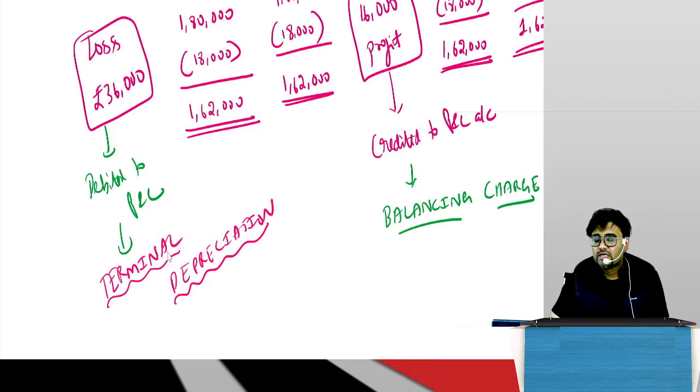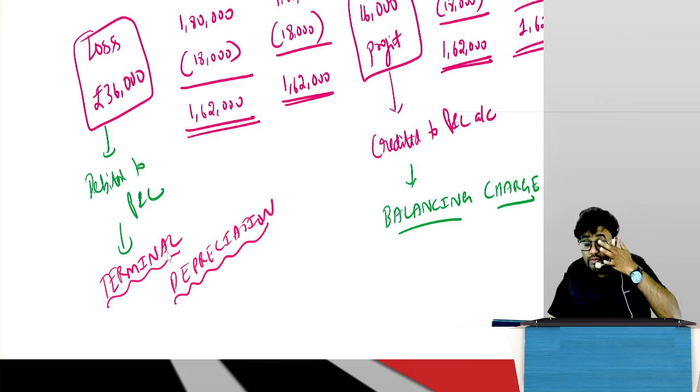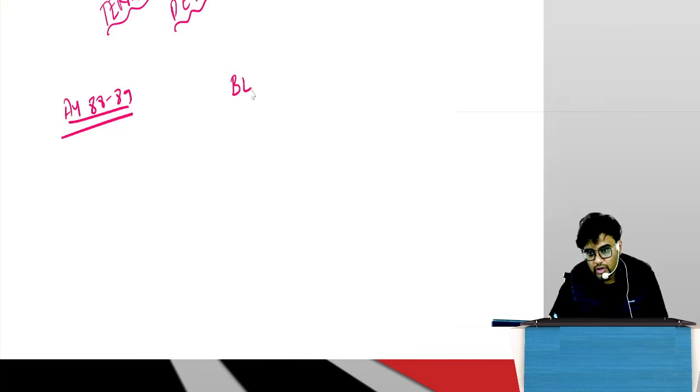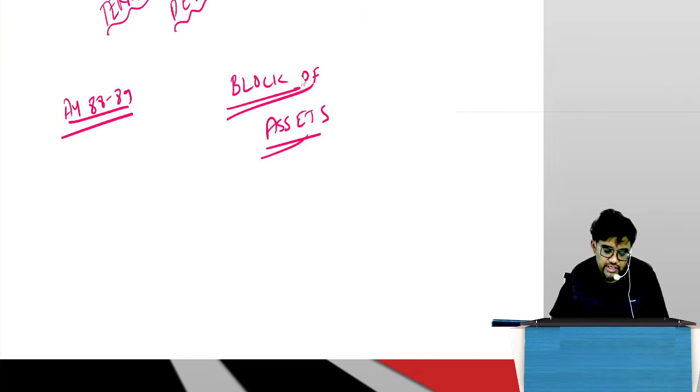If there are patents, trademarks, copyrights, different intellectual property rights, I am not going to do them separately. I am merging everything and making one block called intangibles. So a wonderful concept was born from assessment year 88-89, and that concept was called the block of asset concept.